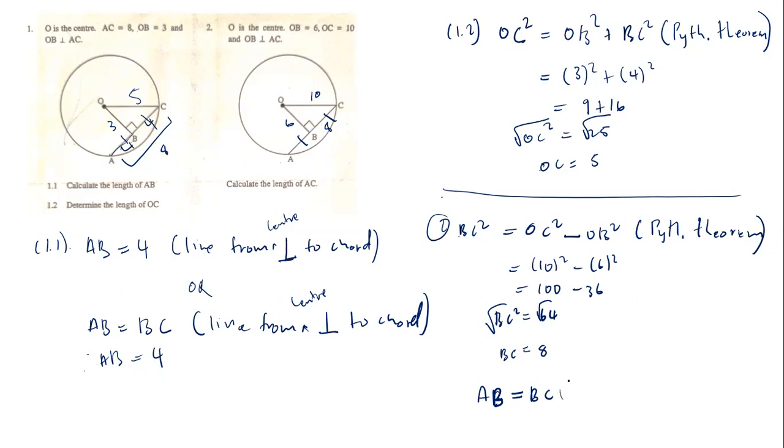So you're going to say line from center perpendicular to chord. This is the reason why we're saying this is equal to that, right? Therefore, we can say that AC, which is the combination of AB and BC, which is 8, 8, is going to be 16 units. You don't have to show that it's AB plus BC. You can just say it's 16 units. Okay, that's how we solve these questions.